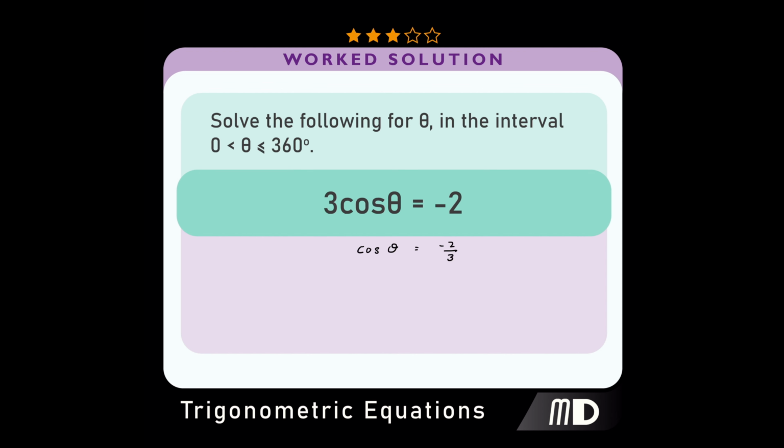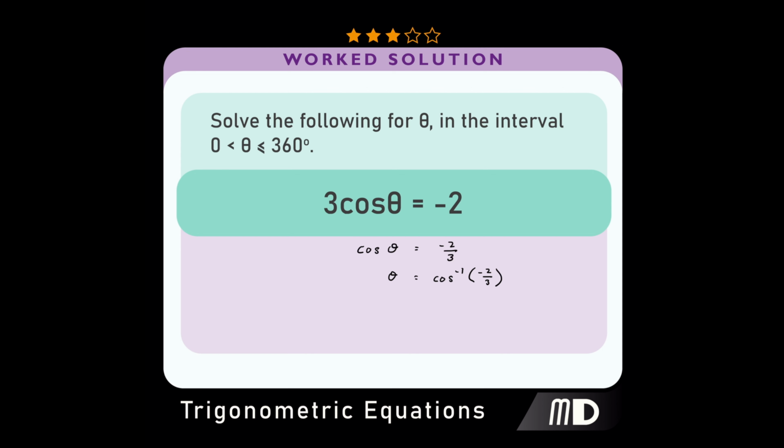Then, by taking the inverse cosine of both sides, which gives us theta equal to the inverse cosine of -2/3.